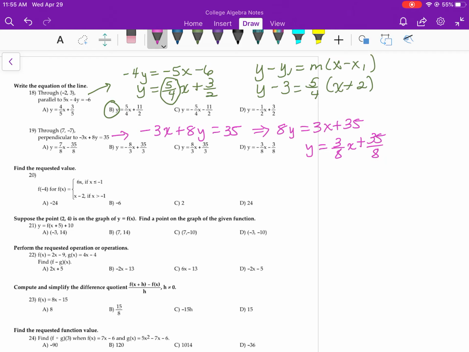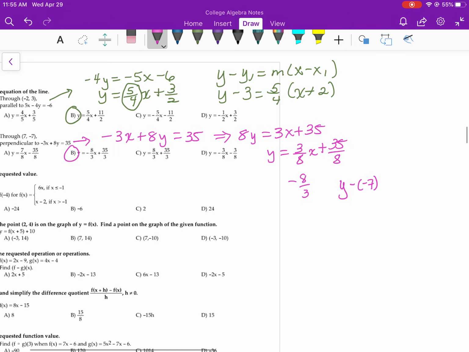Okay, so y is 3/8 x plus 35/8. If I'm perpendicular, my slope's going to be -8/3. The only one that has that is also B. And again, if you want to do the complete process, you'll have y take away -7 equals -8/3 times x minus 7. And you would go from there.